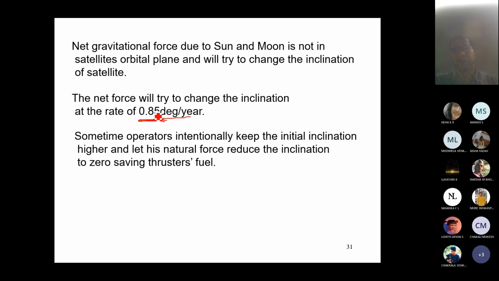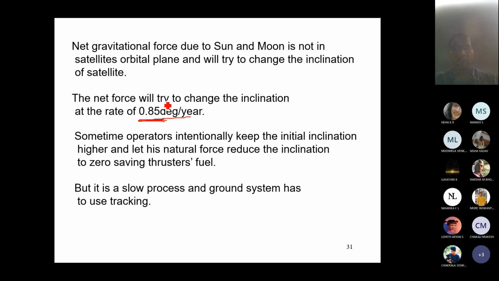So by default they introduce this angle so that, because of the gravitational field, this much amount of degree will be considered as 0.